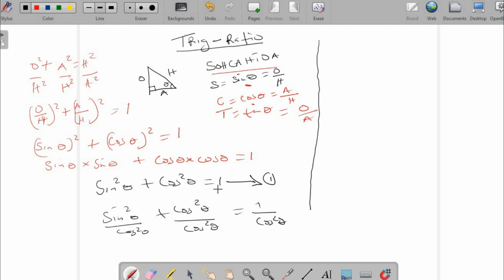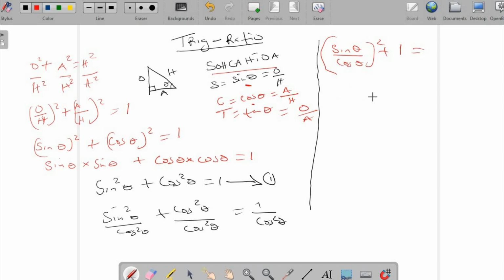Now if I work on this, I'm going to have sine theta over cos theta, squared, plus cos squared theta divided by cos squared theta, which is 1, is equal to 1 over cos squared theta.